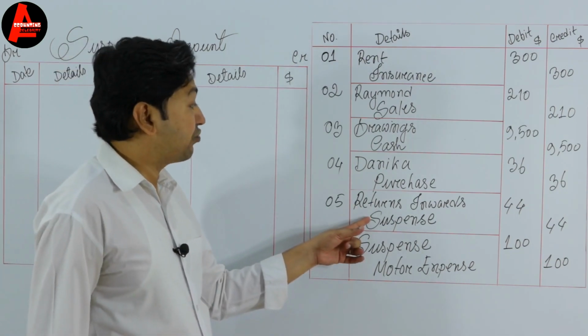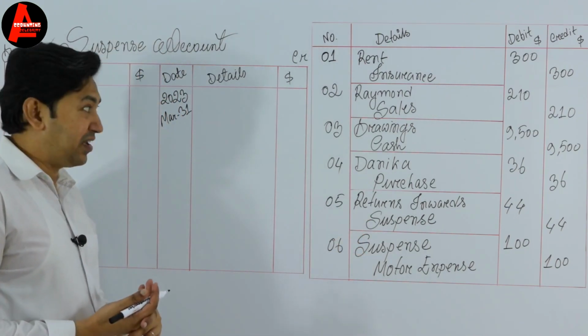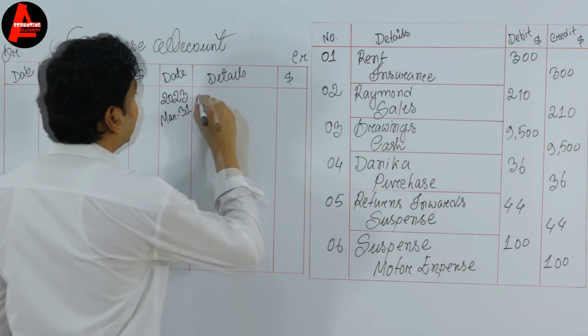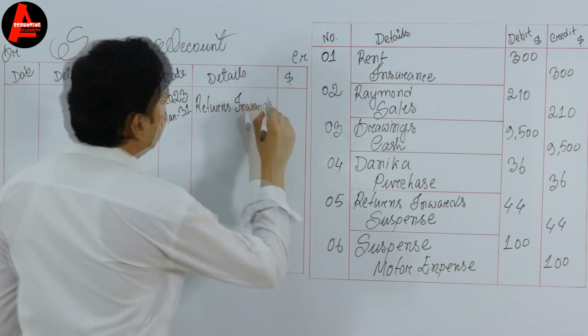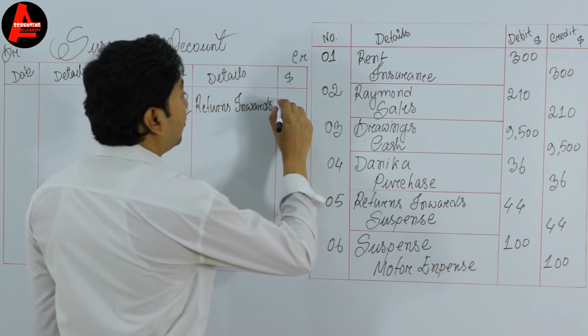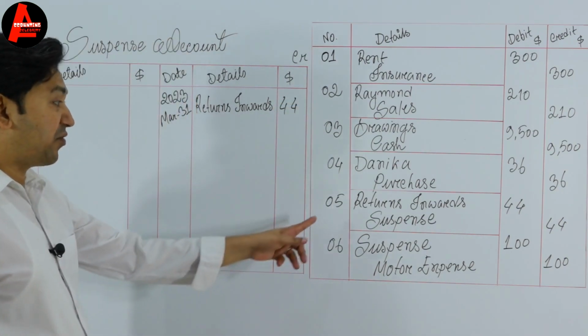Here suspense is credited, the opposite account is returns inward, which is debited. So we will write here returns inward, and we will write the amount $44. Simple. So number 5 is done.